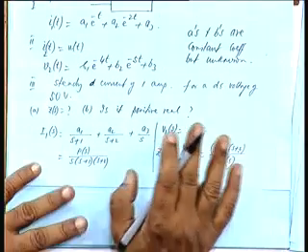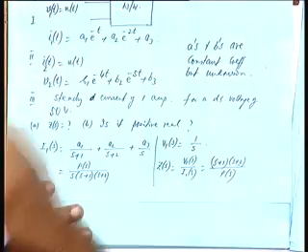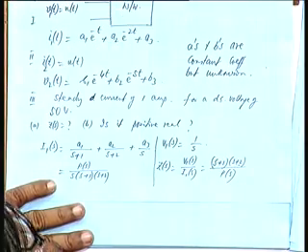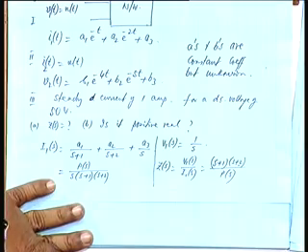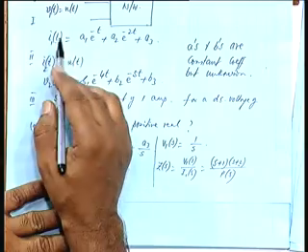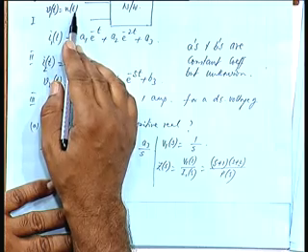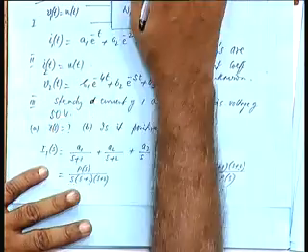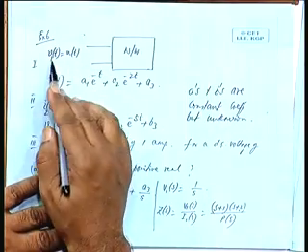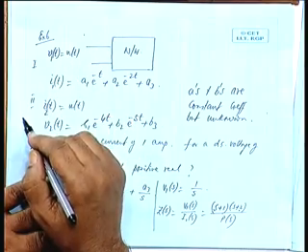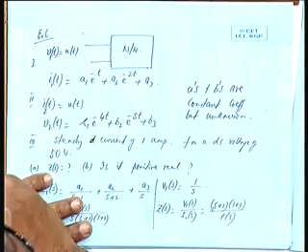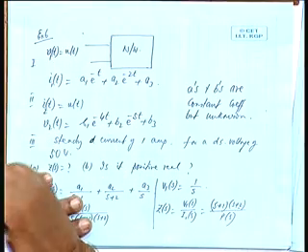Okay. You are given a network function, network to be identified. You are applying an input voltage of step function u(t). Input is step, unit step. So, how much is its Laplace transform? 1 by S, agreed?